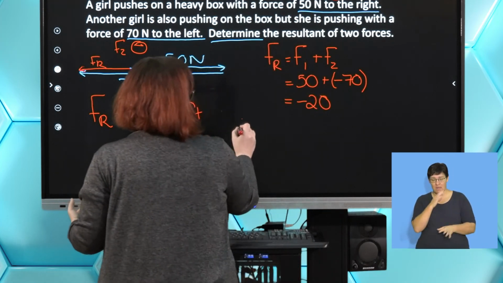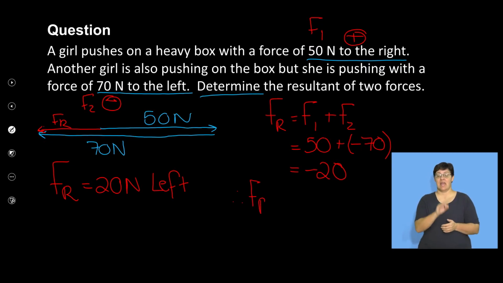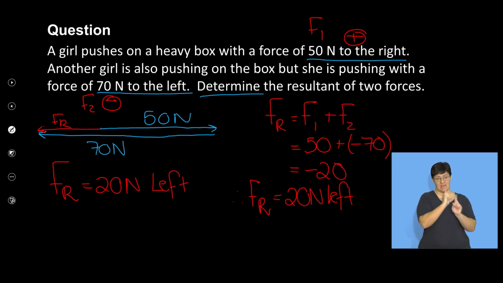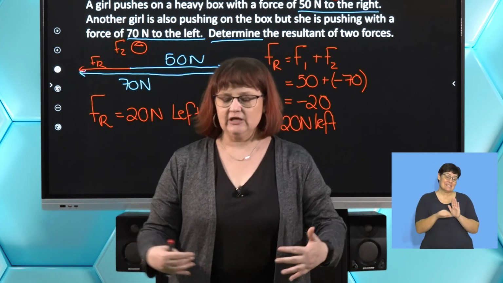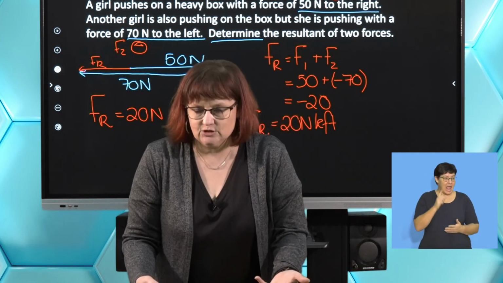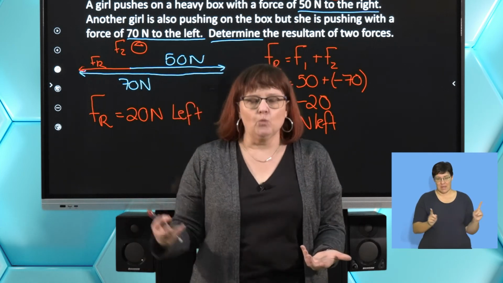That means that my resultant is 20 newtons left. I always leave my answer as a positive answer with the direction in words. I know the negative implies a direction, but I want it in words.